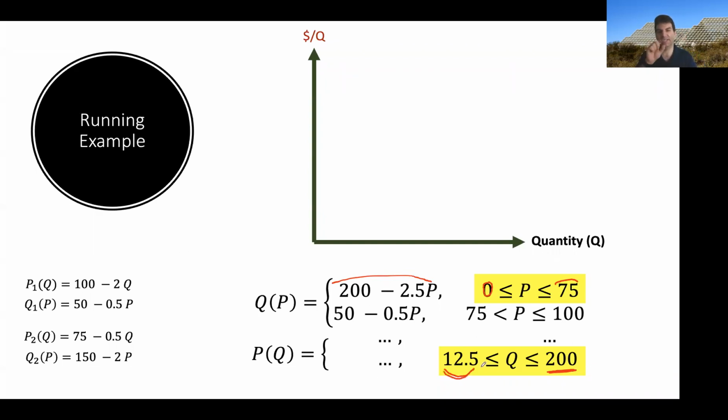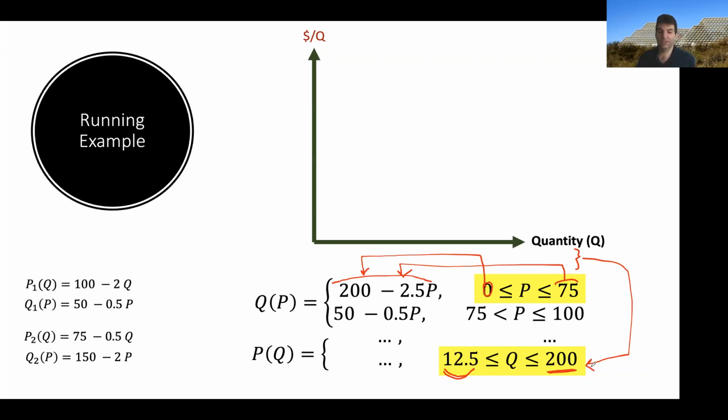So that tells me that the top slice of the demand curve, which corresponds to prices from 0 to 75, is going to correspond down here to this bottom slice of the inverse demand curve, which corresponds to quantities from 12 and a half to 200. I did that just by plugging in 75 and 0, and those two plugins give me those two numbers down here.